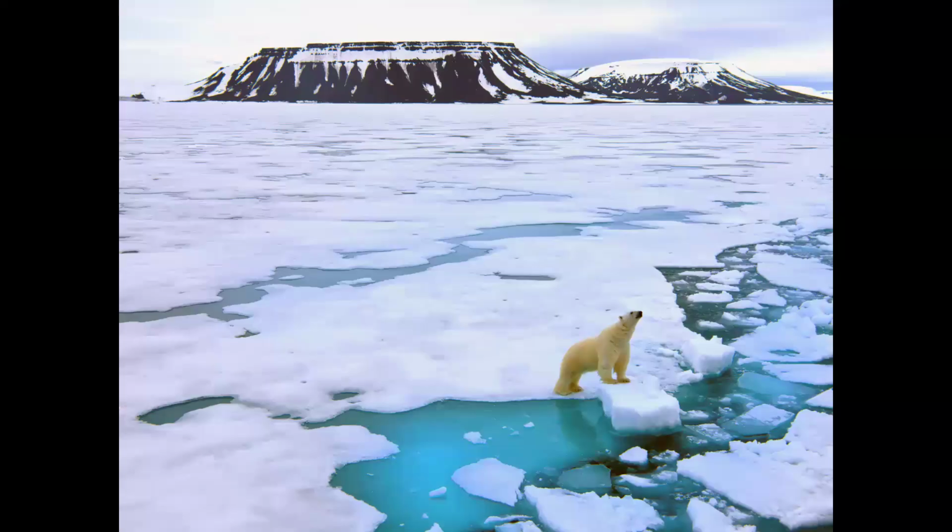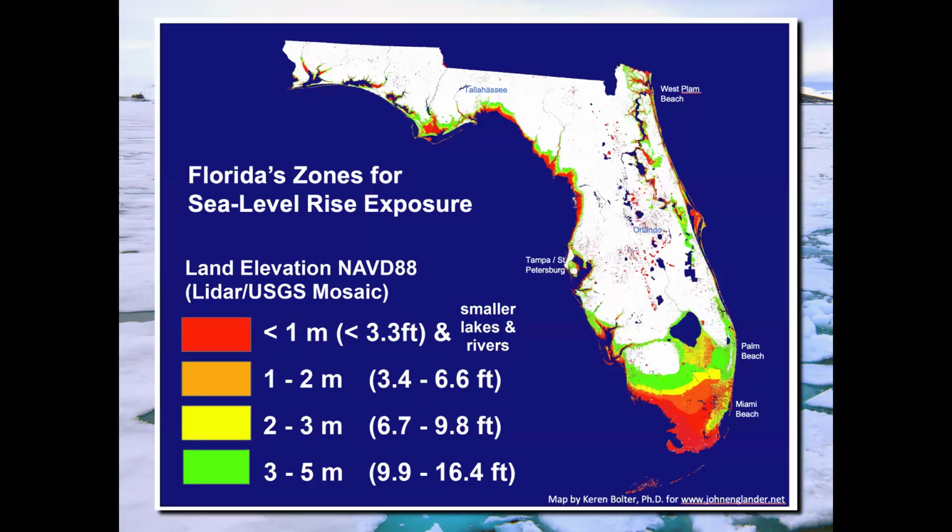Getting back to snow, this is impacted by increasing temperatures as well. We have snow that is melting on the planet, and what happens to snow melt? It goes in the water, it goes in the oceans. And that's important to keep in mind because what you're looking at here is, and this is just Florida as an example, elevation of land in Florida. So where you see that it's red, that's land that is less than a meter or less than 3 feet above sea level.